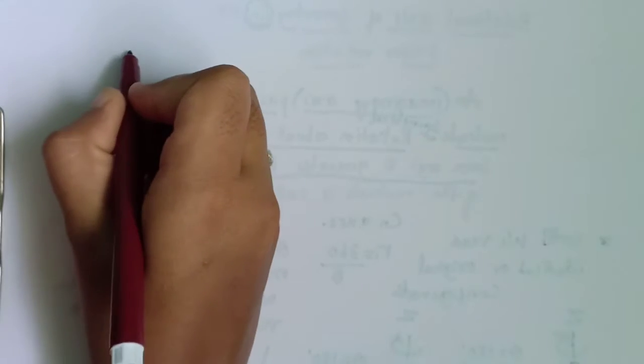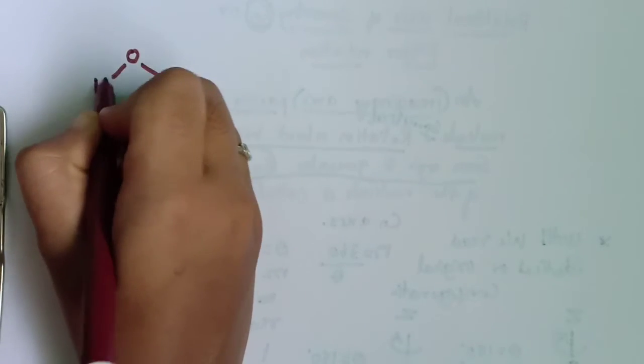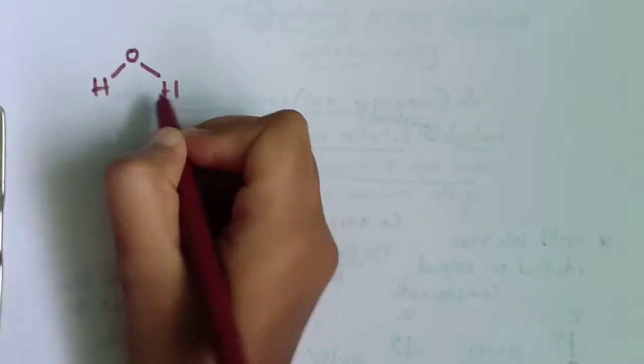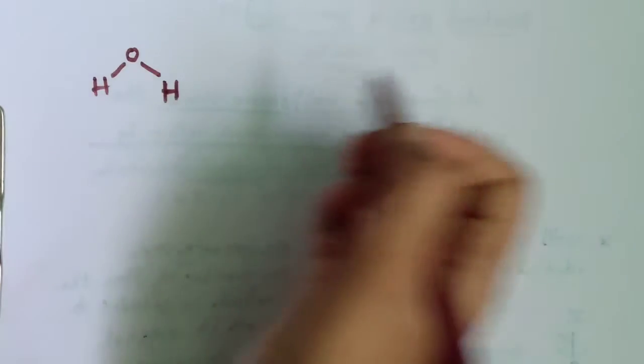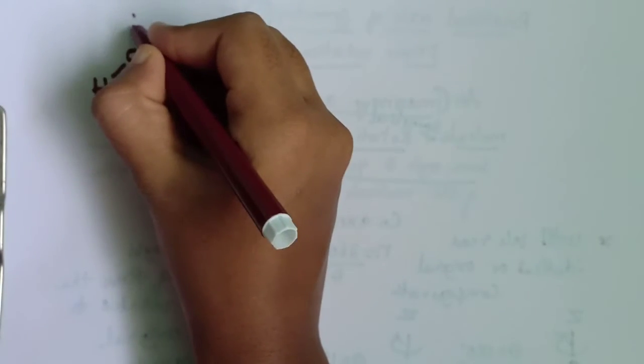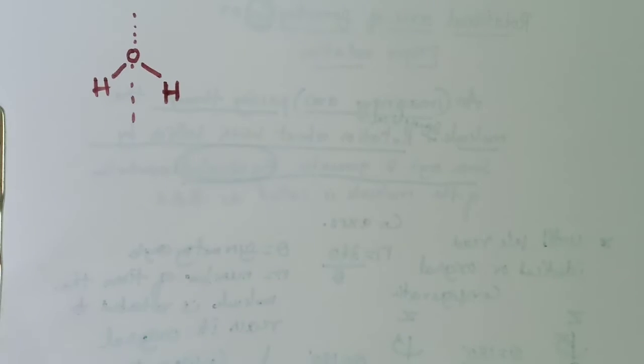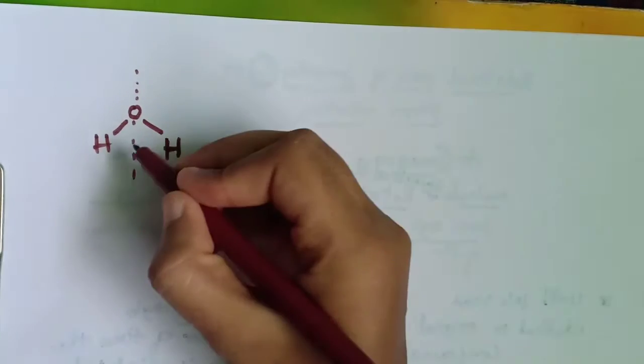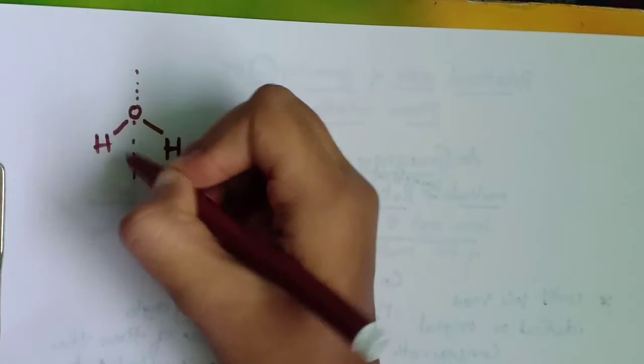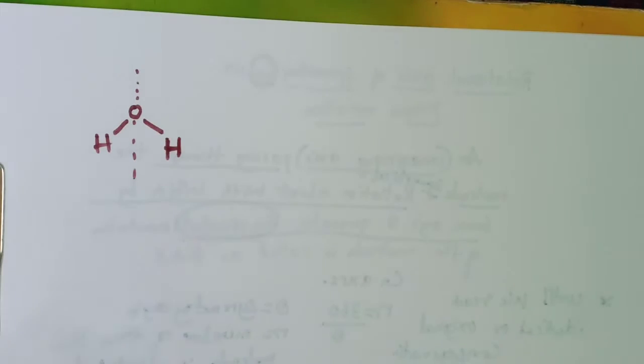I'll try to explain it more clearly by taking examples. Consider the water molecule. We are passing the axis here. You may think I can pass the axis somewhere else, but it is not possible. By definition, it is the imaginary axis which divides the molecule symmetrically.